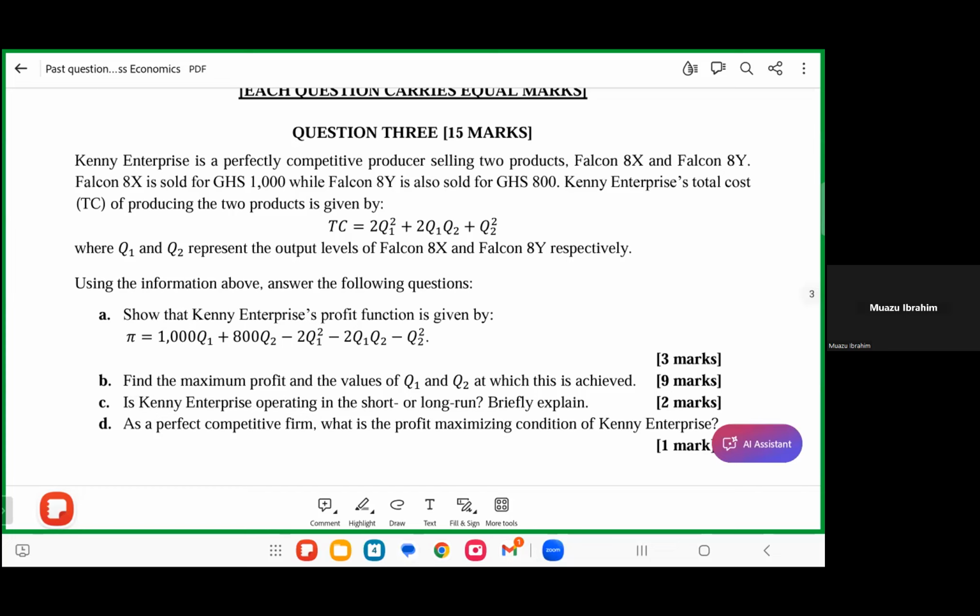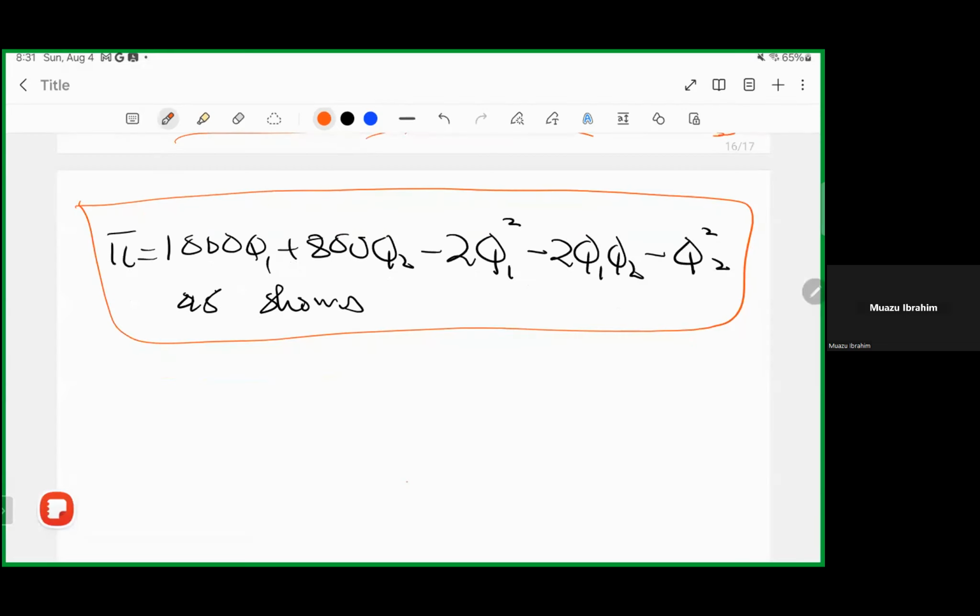So they are asking us to find Q1 and Q2 at the point where the firm maximizes profits. Are we together? Okay, so we have two ways of doing it. Let me just show you the simplest way. So this is the B part.